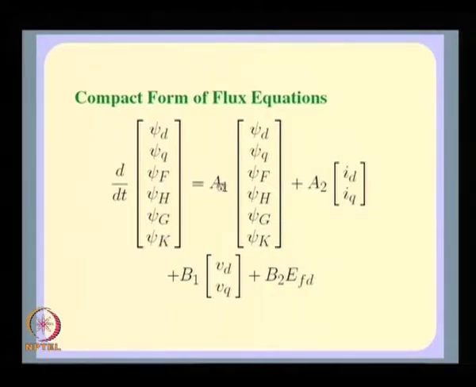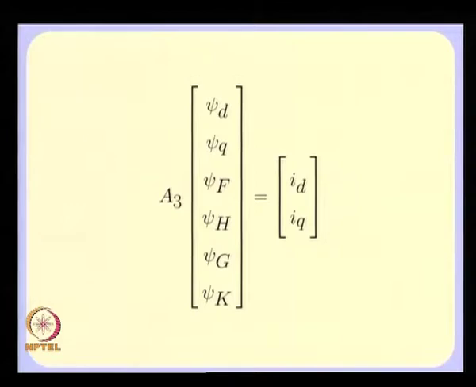A1 is a function of the time constants as well as omega, but you know the equilibrium value of omega is omega e, so you can evaluate what A1 is. This is set to 0. A2 into I d I q, where I d I q itself is a linear function of psi d and psi q, so it is A2 into A3 into psi.